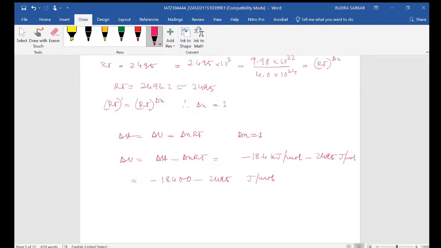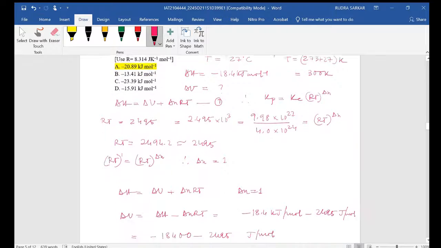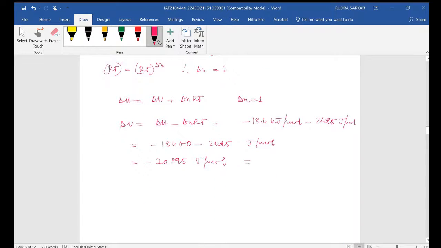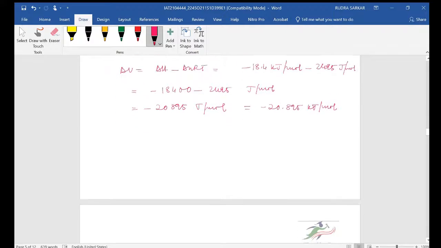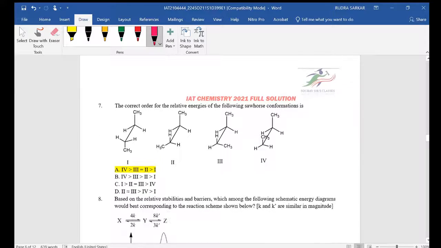So if we do the addition, it is coming out to be minus 20,895 joules per mole, and this can then be written in terms of kilojoules as minus 20.895 kilojoules per mole, and that will be our solution for the above question. All right.